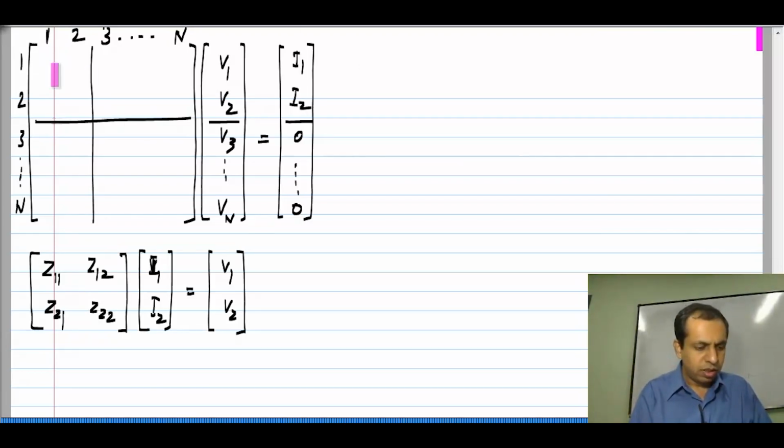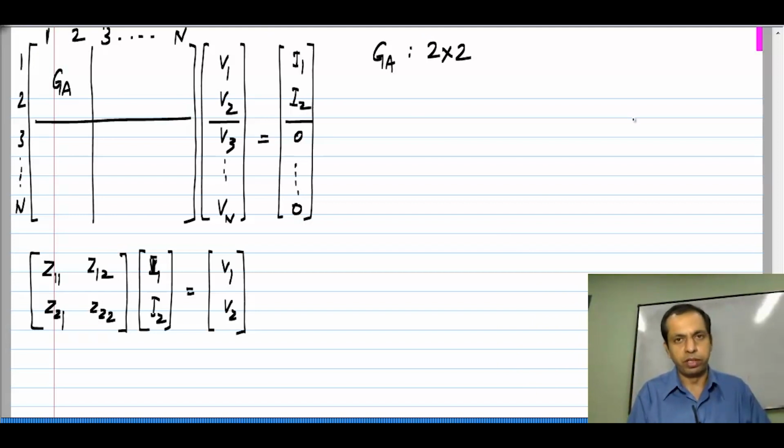Now, I will have basically 4 sub matrices in each of these. Okay. So, let me call this G A, whatever goes into the first 2 rows and first 2 columns. So, clearly G A is a 2 by 2 square matrix.